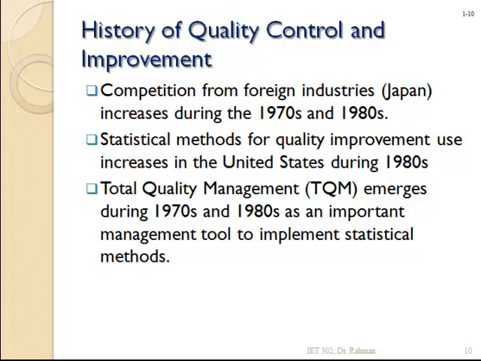And around the 1980s, the United States took significant actions to improve its own quality and to compete in the world market. So primarily around the 1970s to 1980s, most of the important quality concepts, such as total quality management, emerged and came into practice.